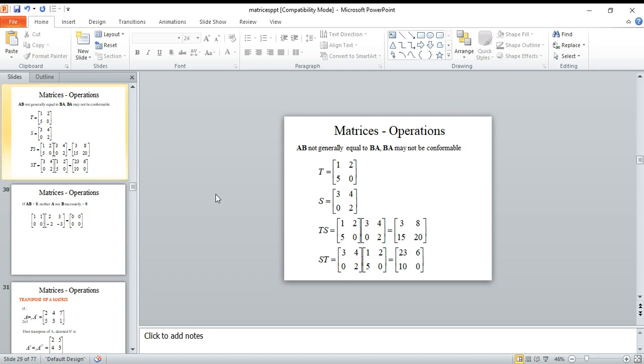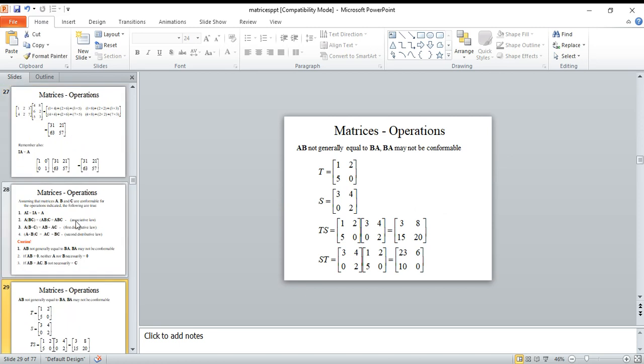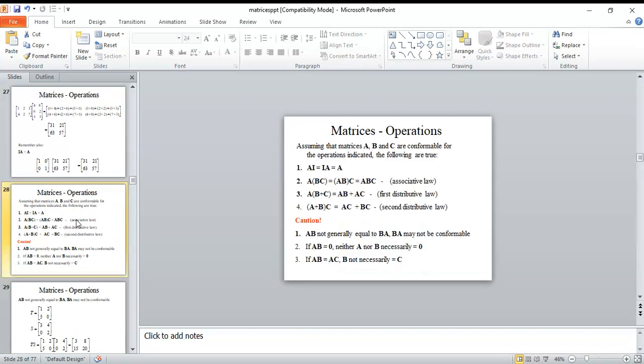So we discuss multiplication matrix operation. Today we are discussing matrix operations, the transpose of matrices, the inverse, and how to do inverse operations.